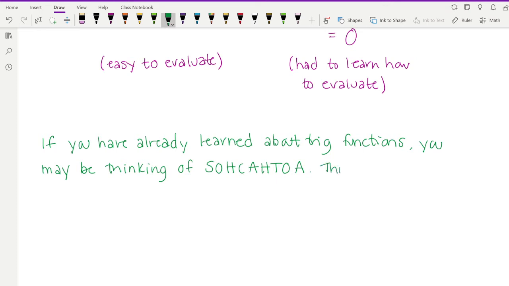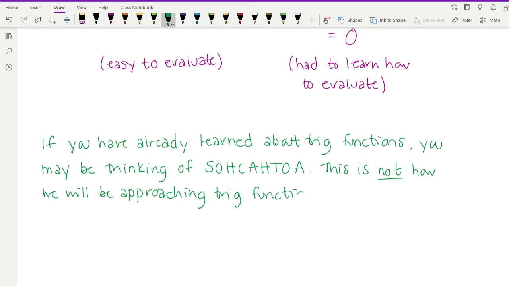So this is not how we will be approaching trig functions for now. We'll get to that definition later, but for now, I really want you to forget about that definition, and I want you to just listen to the way that I'm going to tell you how we evaluate trig functions, because you really need to understand both ways.